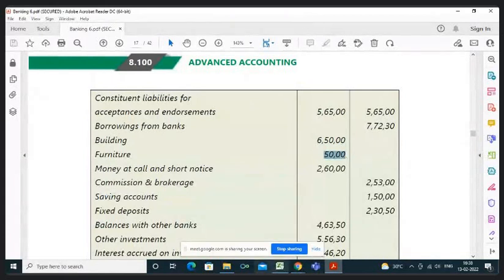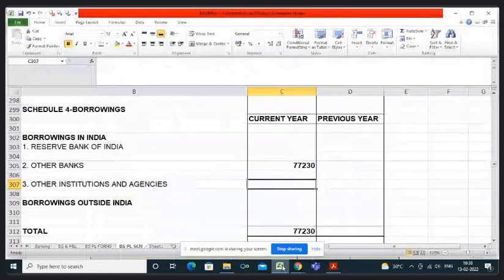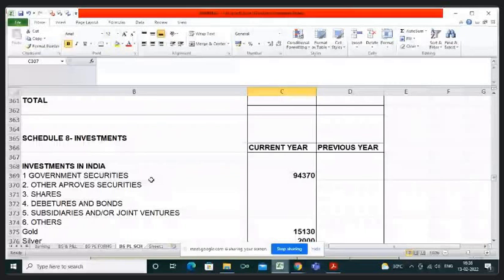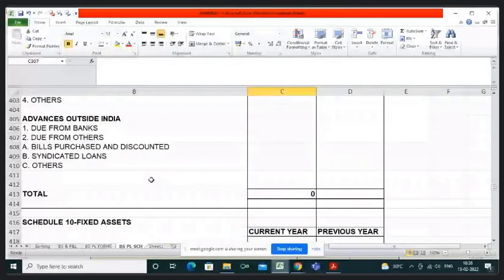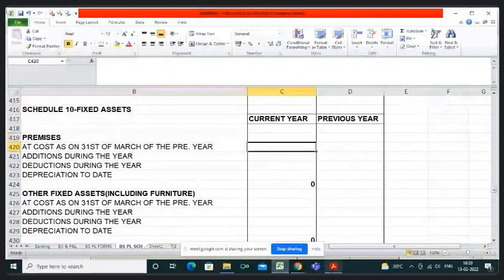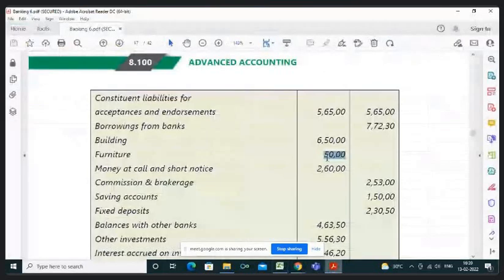Then borrowings from banks. Since it has a credit balance, it's a liability. The clue is that it says borrowings, and we have a separate schedule for borrowings, so we'll move on to the borrowings schedule. Borrowings is our schedule number 4. If we have further information, we can write that as well.